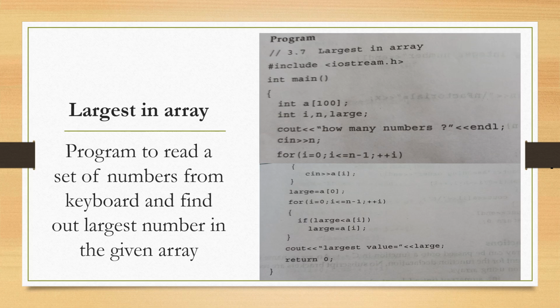So up to 15, or rather from 0 up to 14, it will keep on taking numbers as you key them in, and the numbers get stored in A[0], A[1], A[2] up to A[14]. When storing is over, this storing is over here.